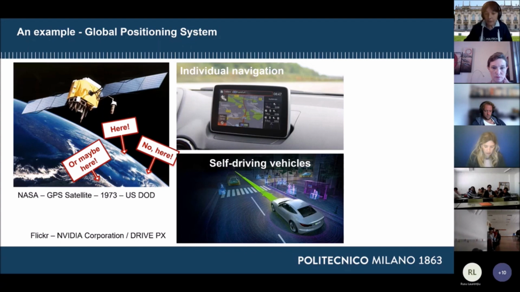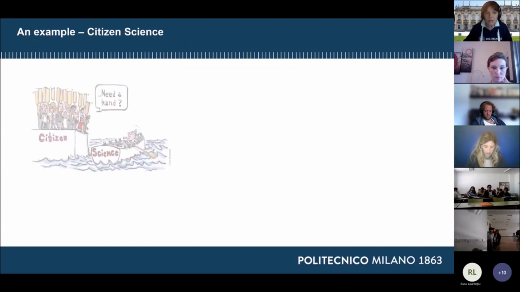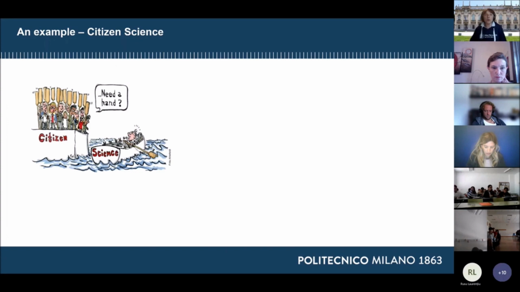But we mentioned it before, citizen science, and we can use it also in citizen science. What is citizen science? Citizen science means that citizens help scientists in making their research. In the best case, citizens not only help by providing data, but they also help by providing ideas or co-creating with scientists new projects, new things to discover, and so on.